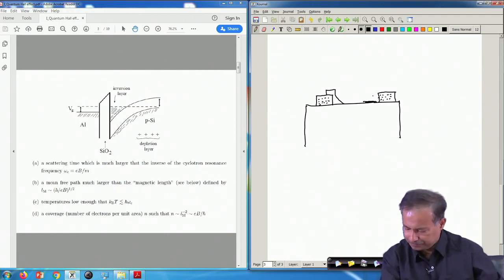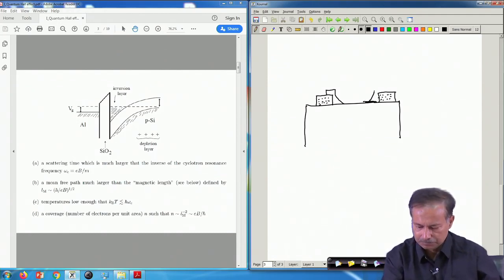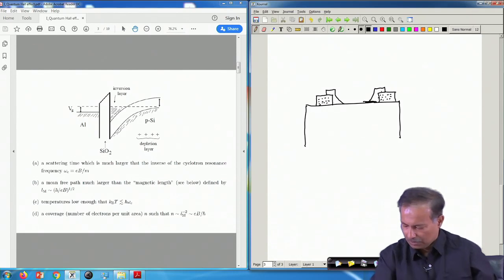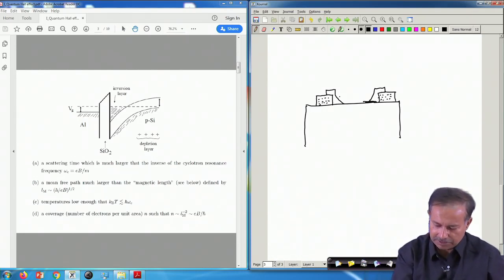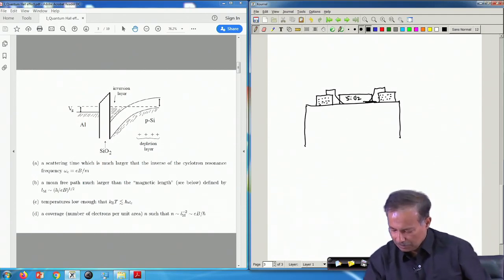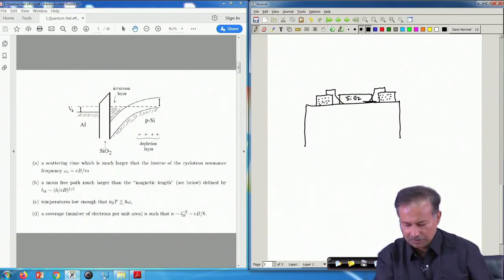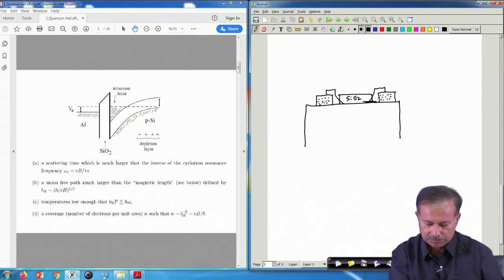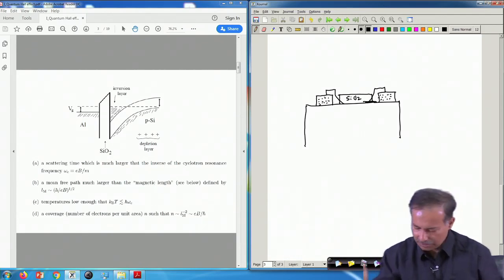And there is a silicon dioxide layer, SiO2, these are also SiO2, these regions are also SiO2.